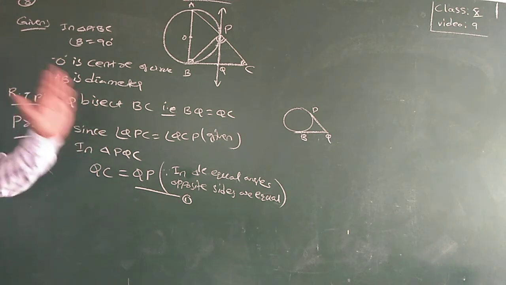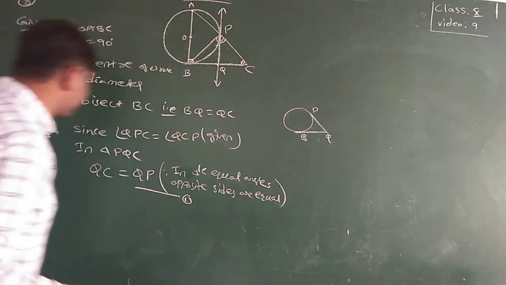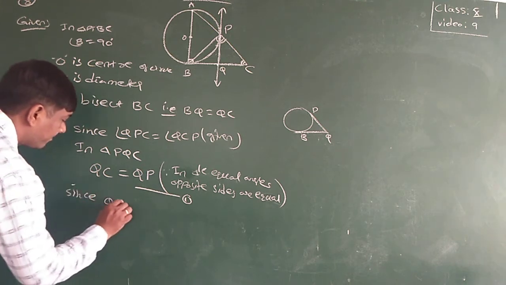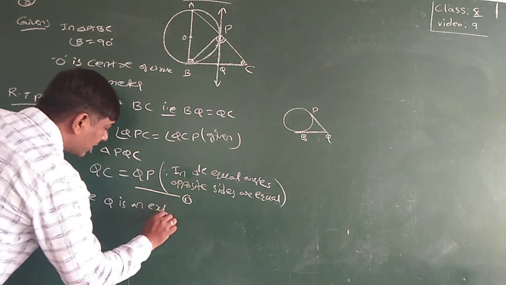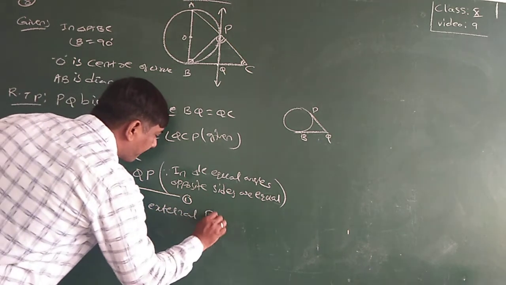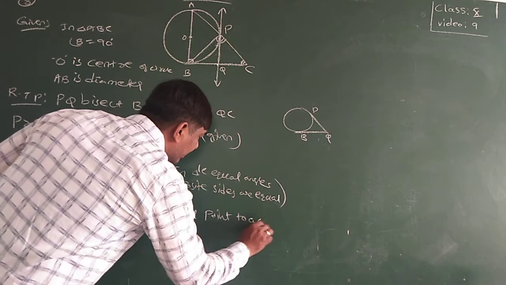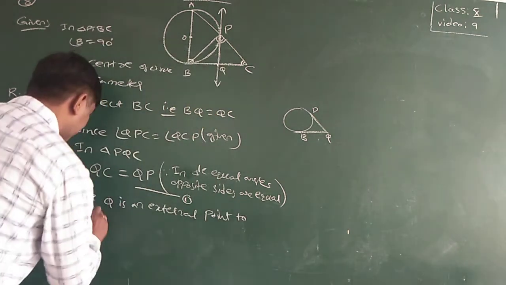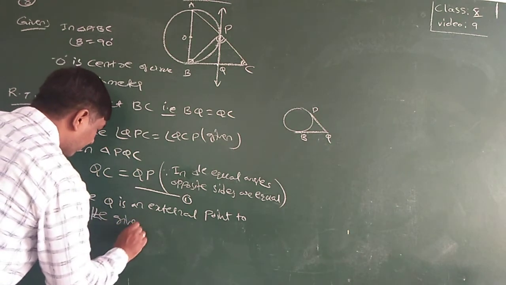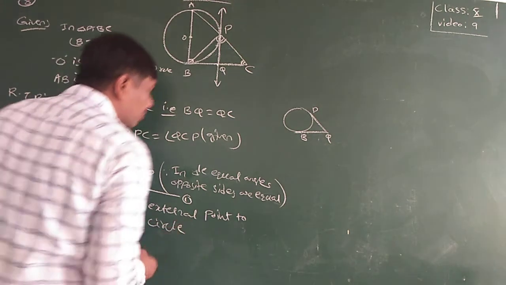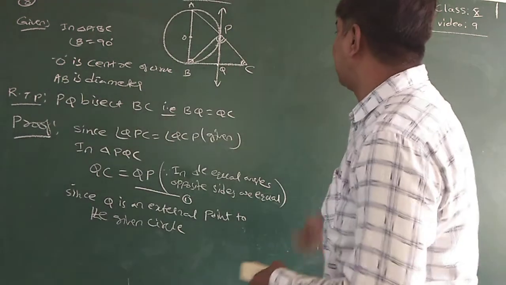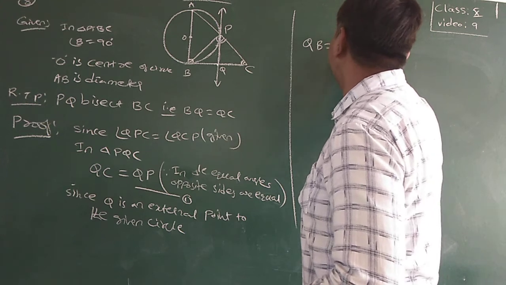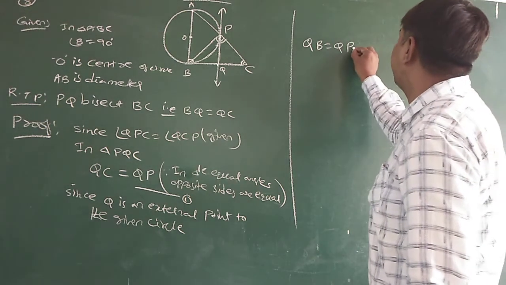Since Q is an external point to the given circle, QB is equal to QP.